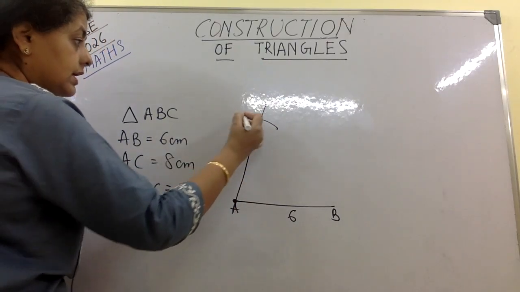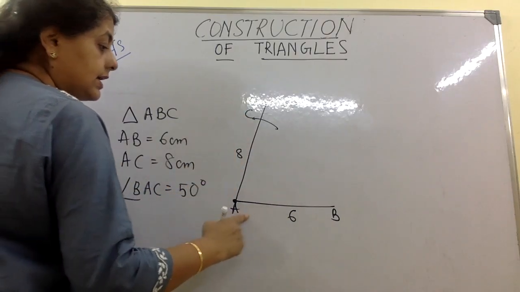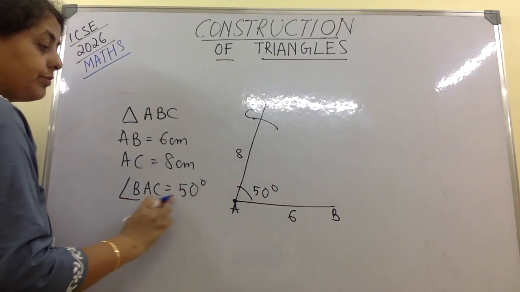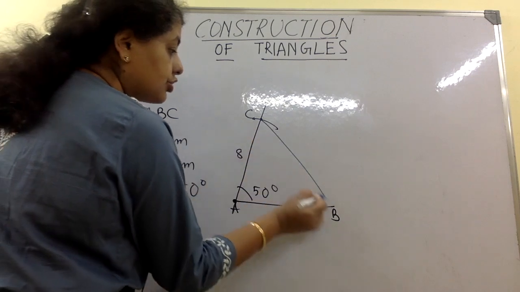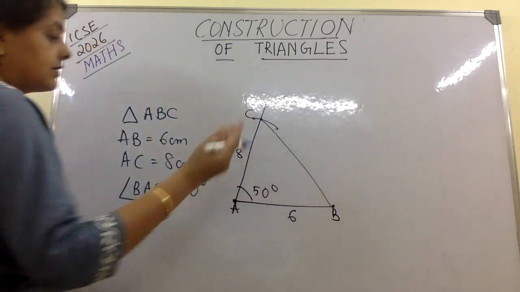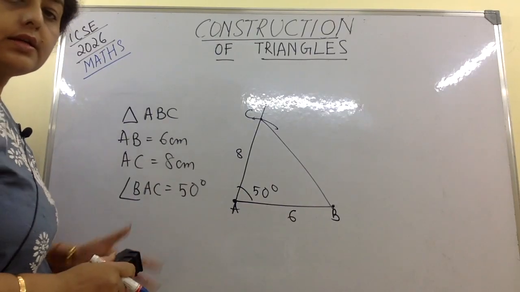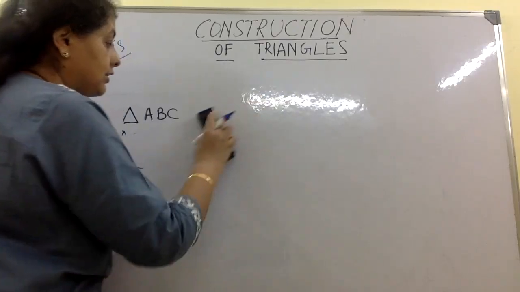So you got AC, this is the point C, you got AC as 8 and AB as 6 and this angle as a 50 degree. Be very careful, BAC is 50, don't make this as 50. This point is to be joined here, this makes it the complete triangle. So we got one with one angle and two sides also.